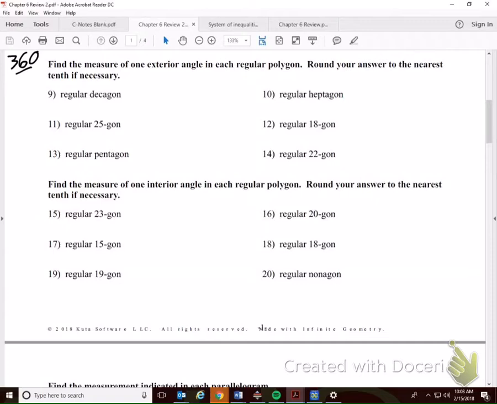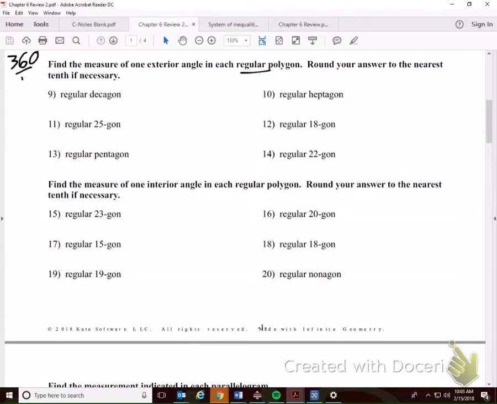So we know that all of the exterior angles have to add up to 360. As you can see, this is a regular, as it says regular right there, polygon. That means all of the angles and all of the sides are the same. So a regular polygon is both equilateral, all the sides are the same, and equiangular, all the angles are the same.